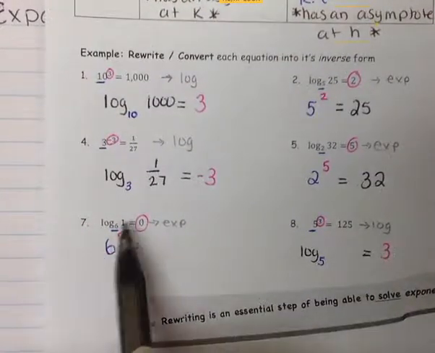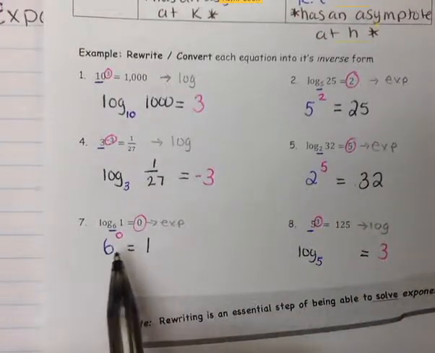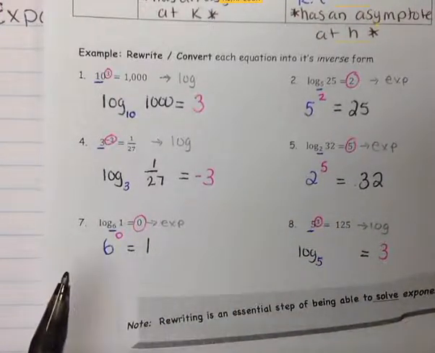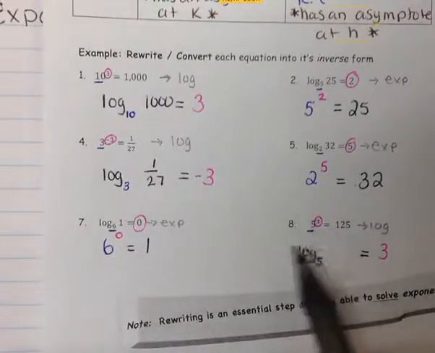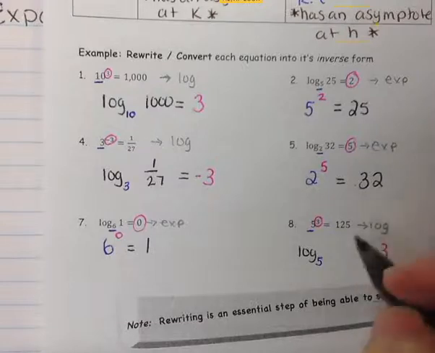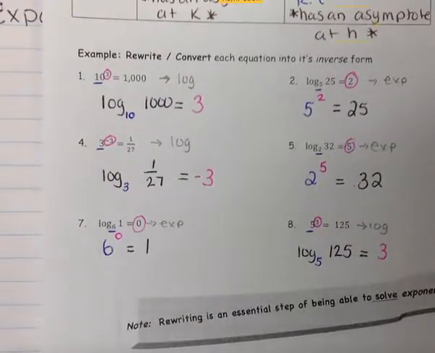For number 7, what's missing is the 1, so we're going to put the 1 on the empty space. 6 to the 0 power, anything to the 0 power except for 0 is equal to 1, so that is correct. And then the last one, the one that's missing, is the 125, so that's going to go into our space. This is just a way to remember how to convert it.